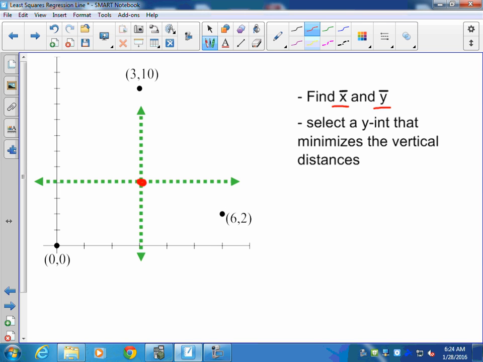The next piece that comes into play for the least squares regression line is selecting a y-intercept. We've got any of these y-intercepts that we can select. We wouldn't select anything above the point, because we can see the general pattern of these 3 points is a positive association.